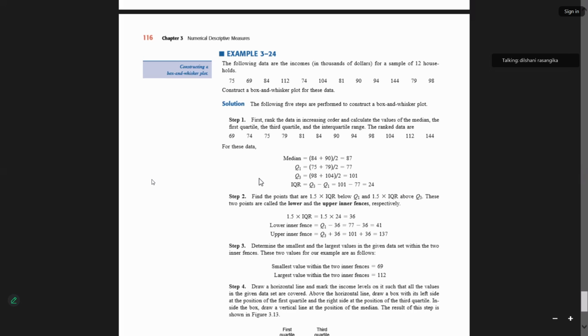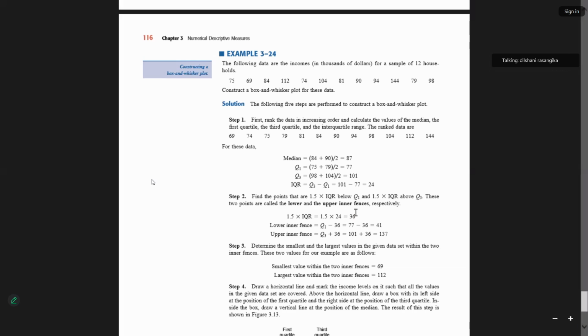Then you need to find the points that are 1.5 times IQR below Q1 and above Q3, right? Then what you need to do? You need to calculate this value, right? What is this value? 1.5 times IQR, right?